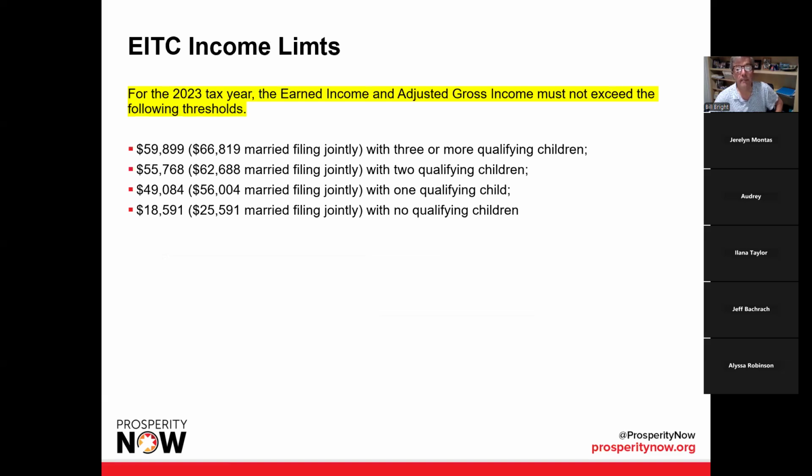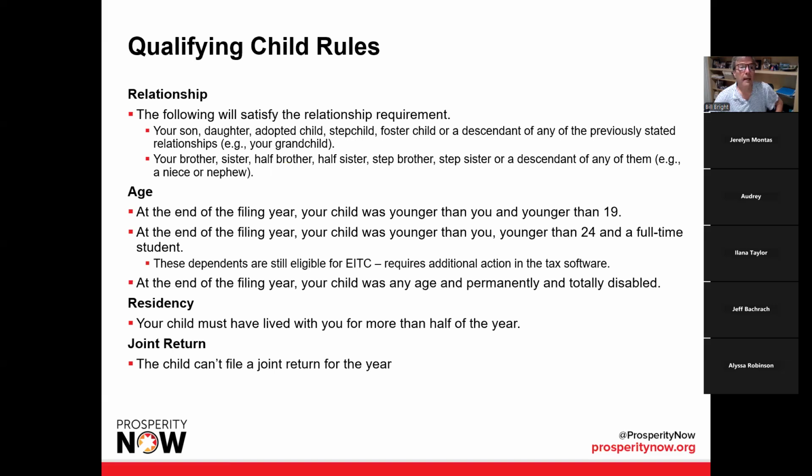So here are the income brackets for EITC. Again, generally, this is well within our target for folks. Again, the relationship for the qualifying child is the same thing as before, no real change there.